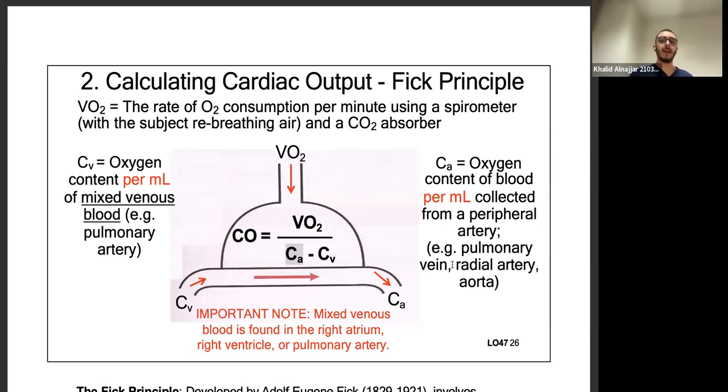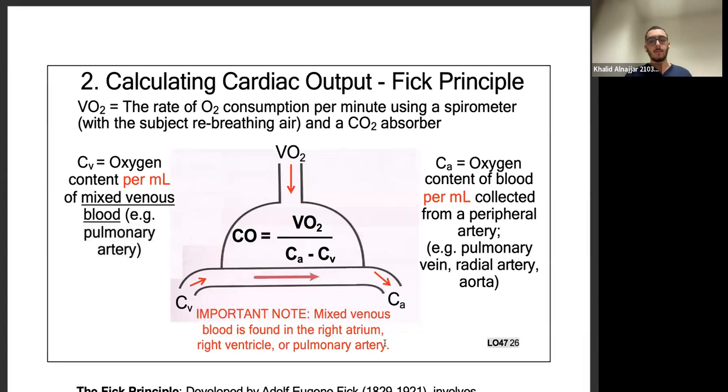Remember, the pulmonary vein carries oxygenated blood, right? Minus CV. What is CV? CV is basically the oxygen content of mixed venous blood, such as the pulmonary artery. Remember, the pulmonary artery carries deoxygenated blood. Okay? So that equals the cardiac output. Basically, CA minus CV is oxygen in arterial blood minus oxygen in venous blood or mixed venous blood.